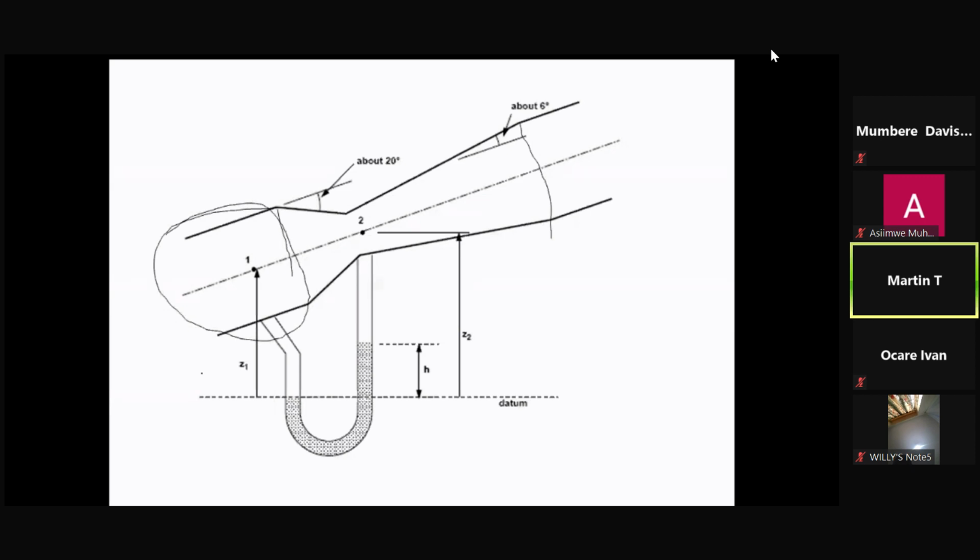So you decided to put a venturimeter, from this point up to this point. Point 1 is just at the start of the venturimeter, just inside the pipe, and point 2 is at the small cross section in the venturimeter.